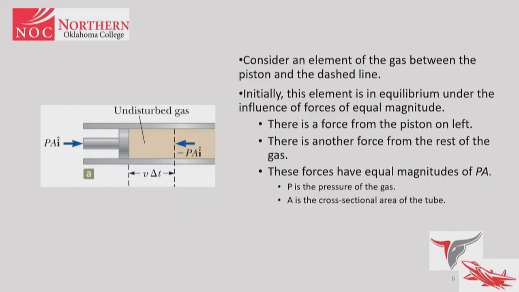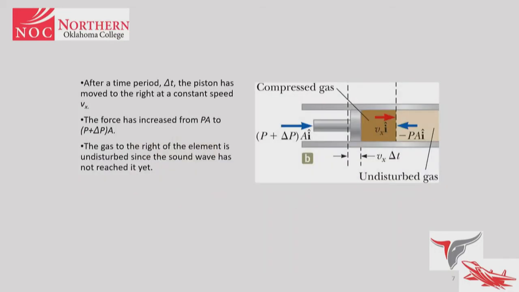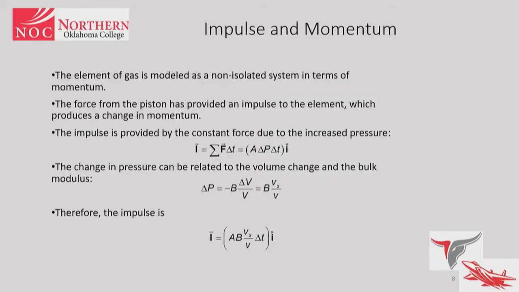So we get our element of our gas, and we can look at a cross-sectional area, and we can have forces that are equal to pressure times the area. And so we can start dealing with that, and we can look at it in terms of our change in time, and we can look at that increase, because what we're ultimately trying to get is that impulse of sound, just like we put the pulse in our rope.